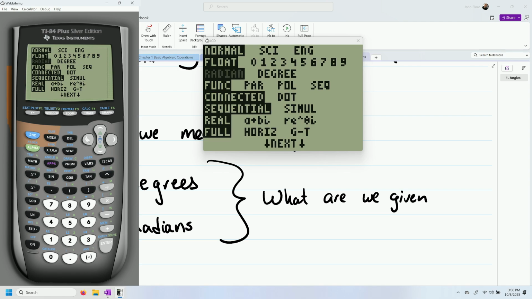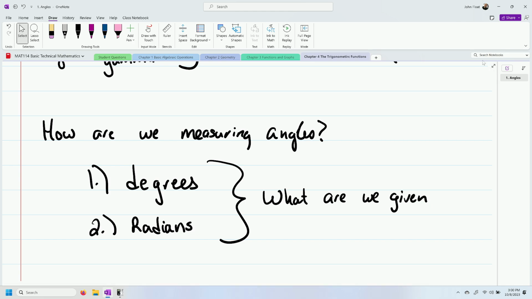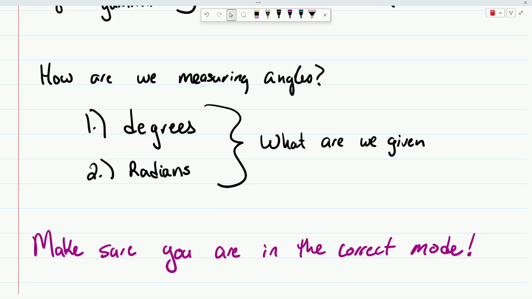If you do that and you're still getting the answer wrong, chances are maybe something's wrong, and that's okay. We're learning this, but I don't want to see you get all frustrated when it's a calculator issue and not a human issue, if that makes sense. All right. So let's go back and let's start looking at some examples where I'm going to be converting from degrees into radians and radians into degrees and so forth.